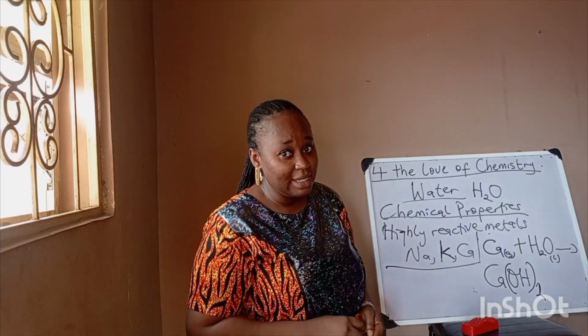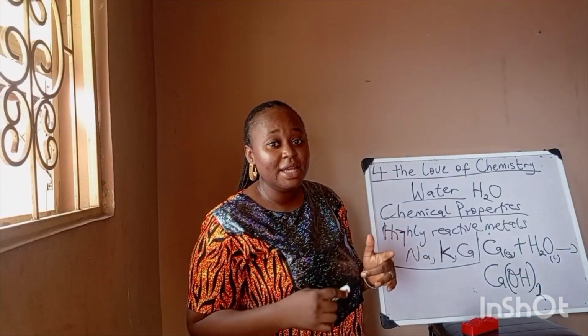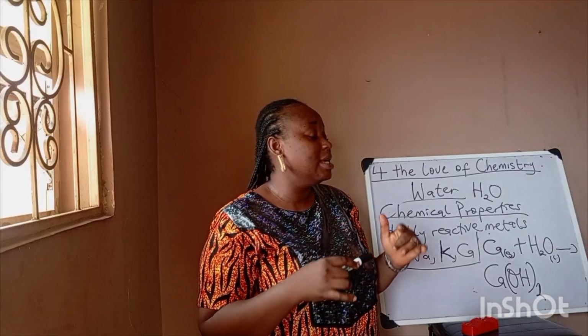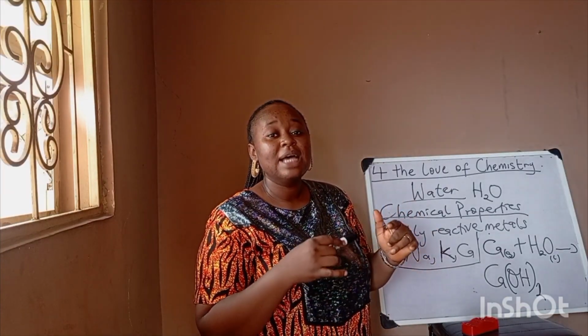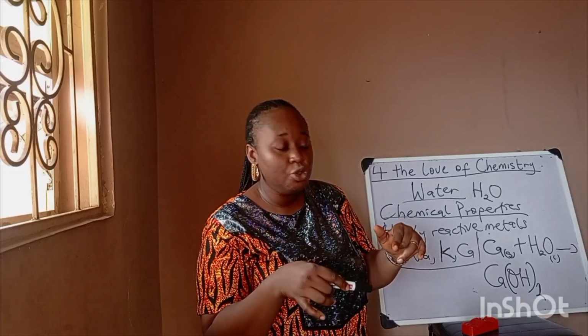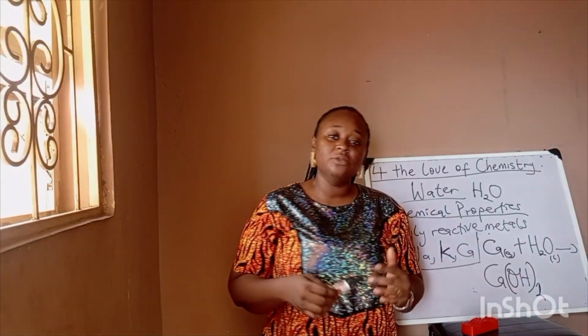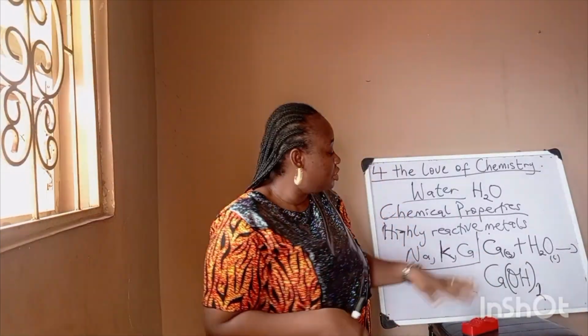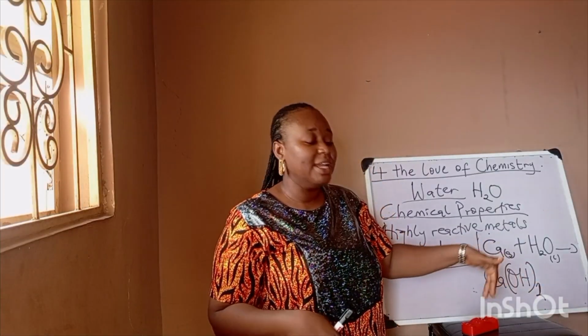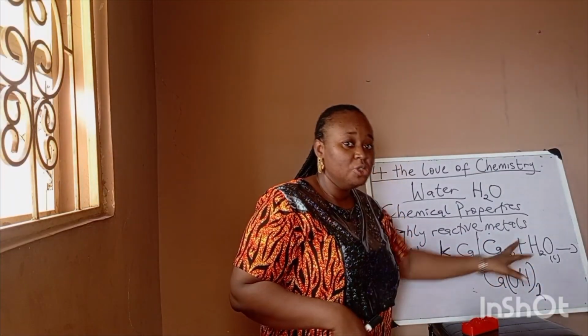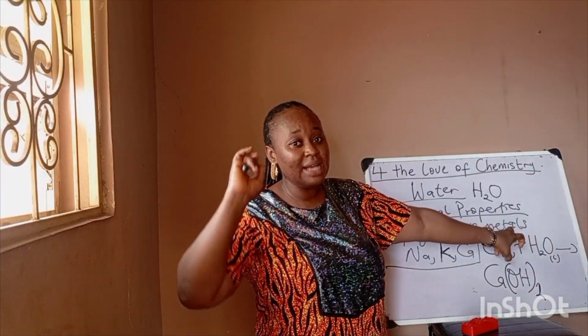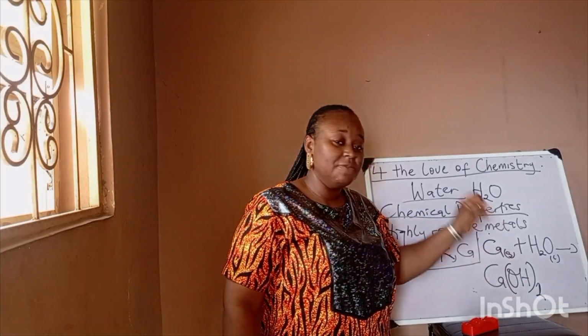And like I said in previous classes, a radical is a group of elements that act as a single unit. So because this hydroxy ion is a single unit, they have a single valency which is being exchanged. So the hydroxy ion as a group has a valency of 1. Calcium has a valency of 2.